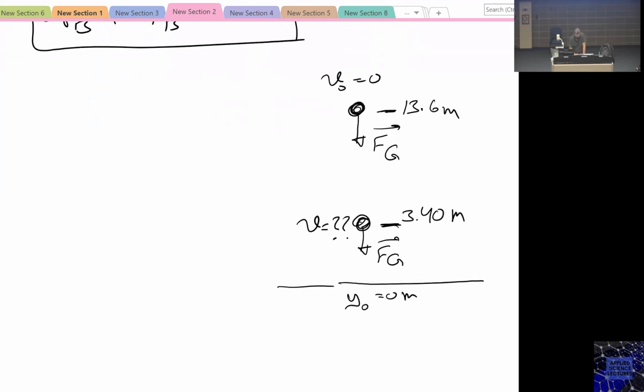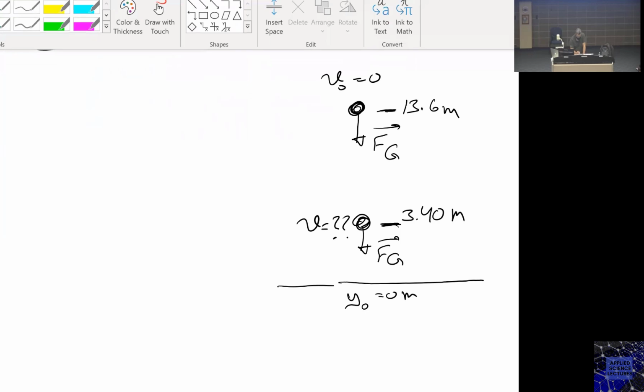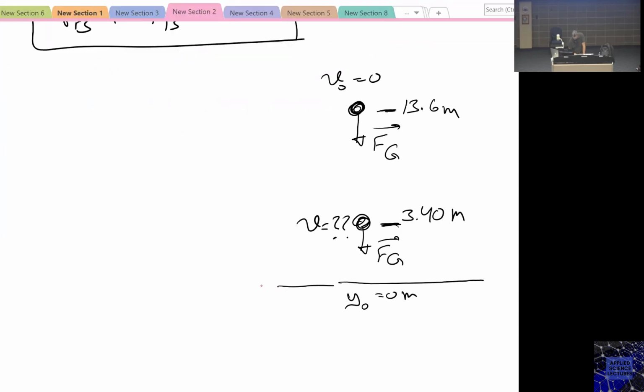So if I put my coordinates now, such that this is my x, and this is my y, and I calculate the gravitational potential energy and the kinetic energy at those 2 points.